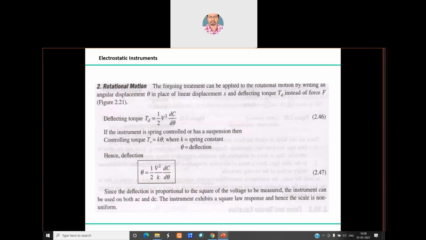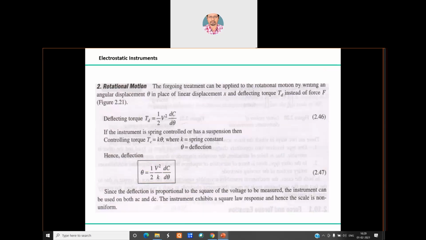So therefore, to achieve a steady state condition, you require an equal amount of control torque. Let's say the control torque Tc is proportional to theta, and K is the proportionality constant which comes from the spring constant. So therefore, theta is equal to half of V square by K into dC by d theta.